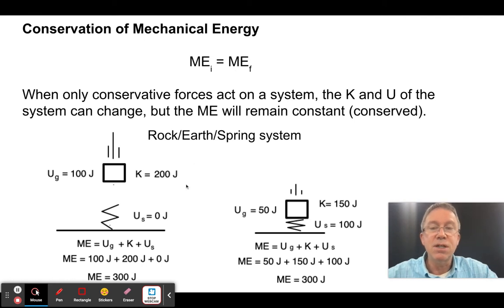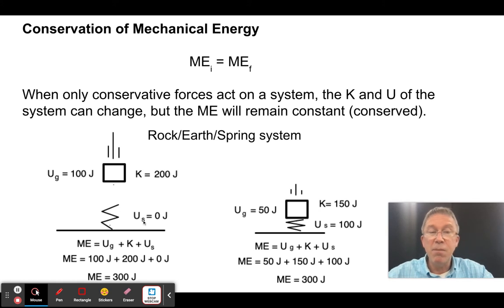So let's just take a look at this. Here I have a rock Earth spring system. To start off with, my initial conditions are this. Initially, the kinetic energy is 200 joules. The gravitational potential energy is 100 joules because it can still fall. The spring has no energy in it, so the spring potential energy is zero.